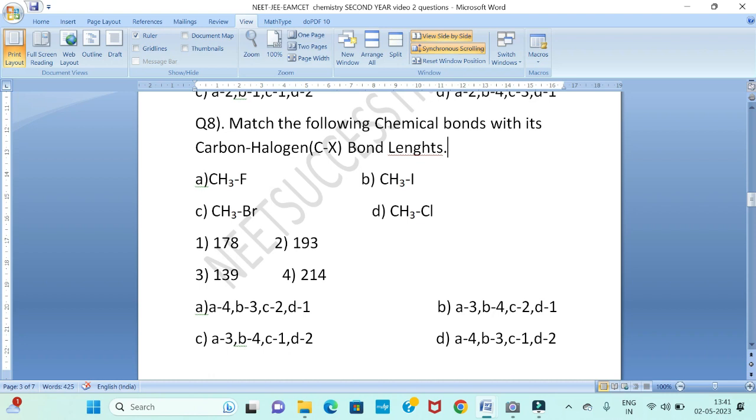Come on, what is the answer? Halogens: fluorine, chlorine, bromine, iodine, astatine, tennessine. Those belong to the halogen group. Here only fluorine, chlorine, bromine, iodine have been given.